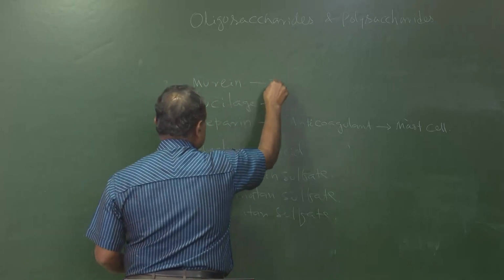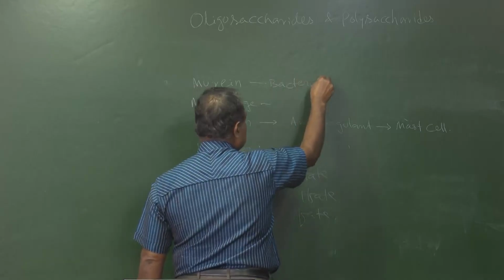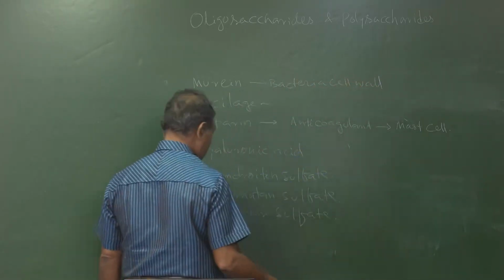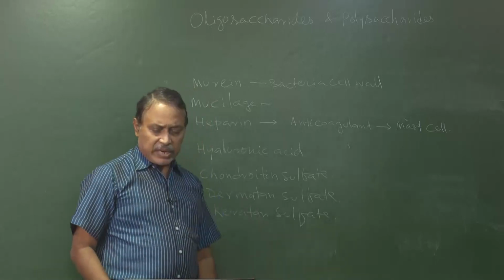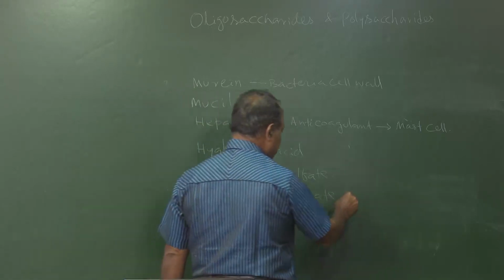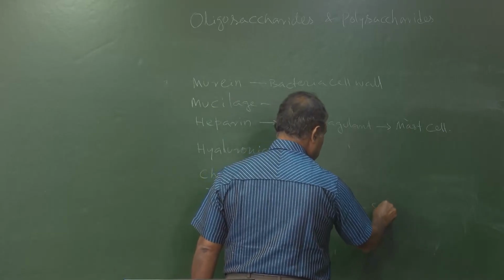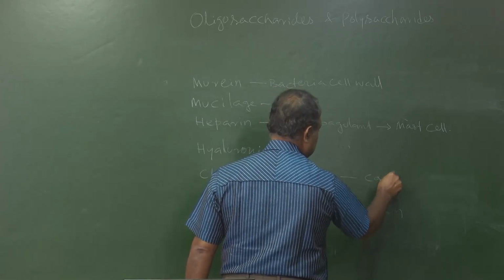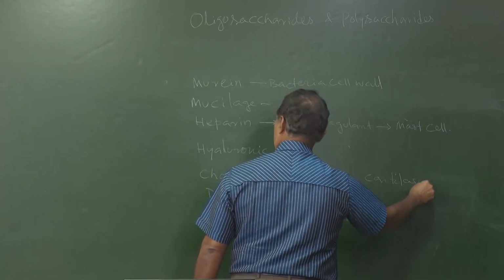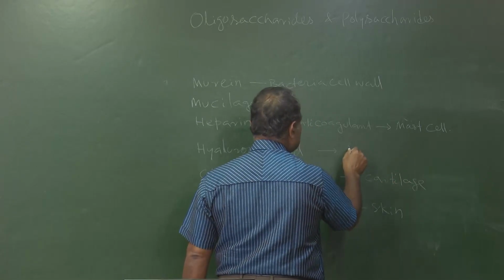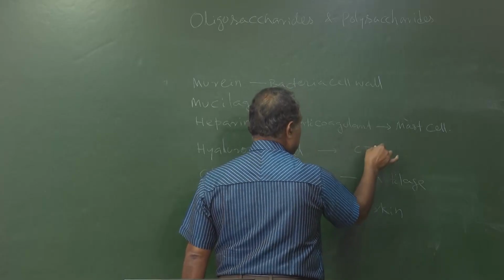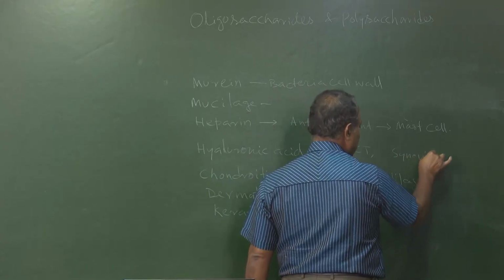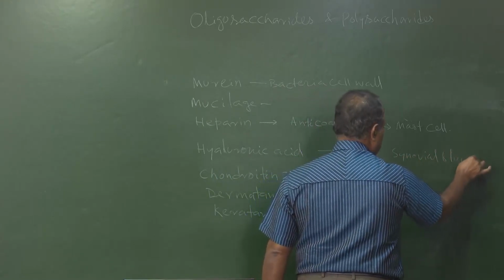It is found in the bacterial cell wall. Now keratan sulfate and dermatan sulfate are found in the skin. It is found in the cartilage. It is the ground substance of many connective tissues, then synovial fluid, and so on.